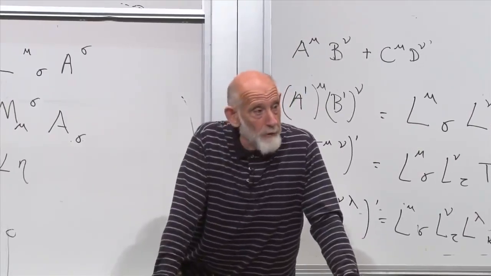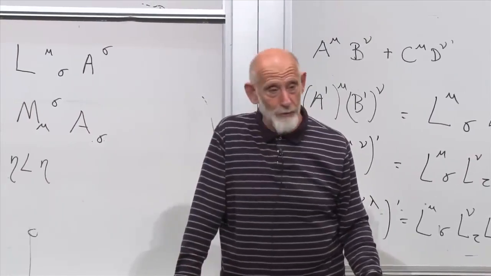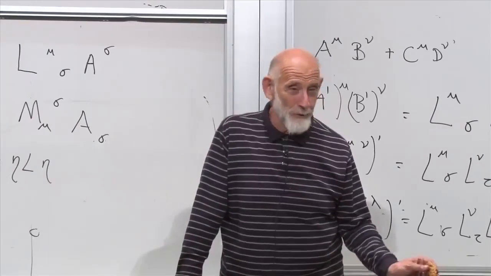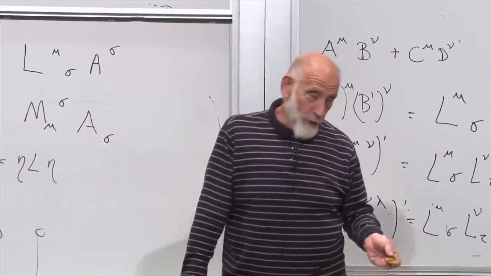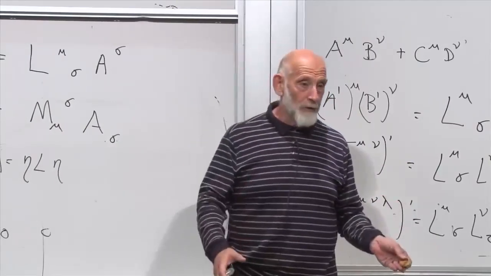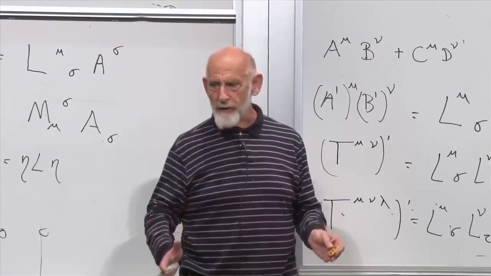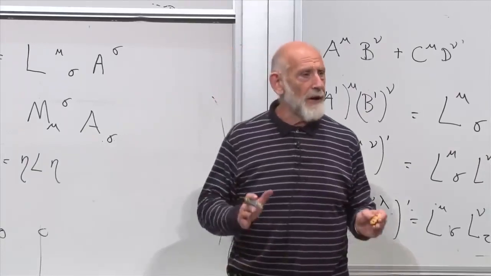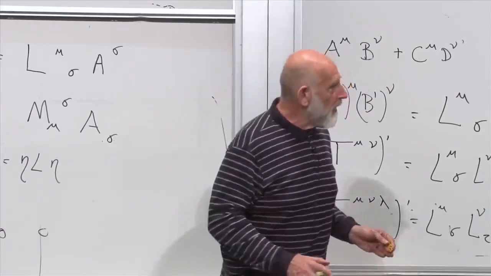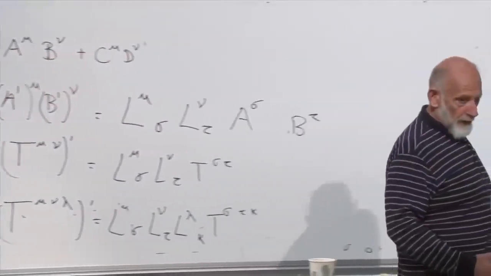If all components of a tensor are equal to all the components of some other tensor, of course then they're the same tensor. Another way of saying it is, shift everything to the left side: if all the components of a tensor are 0, they are 0 in every reference frame. So to say that a tensor is 0 is an invariant statement.